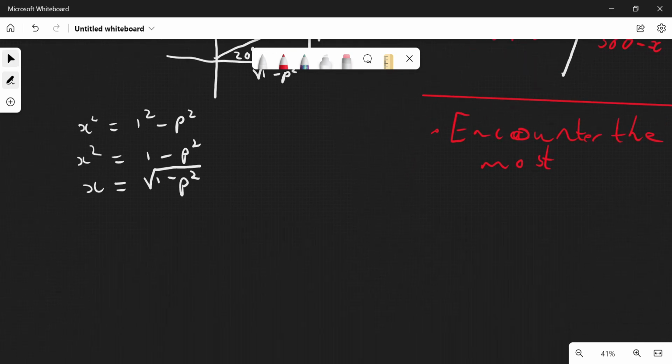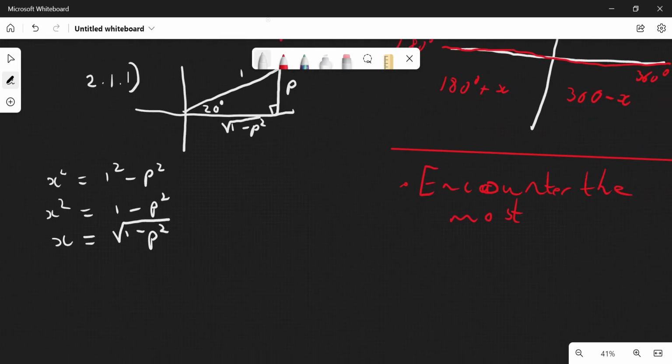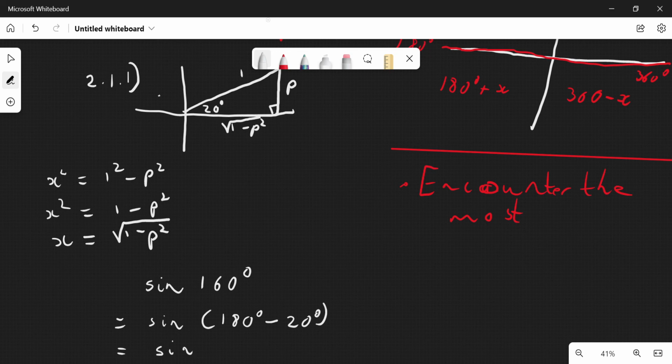All right, if this is the case, 2.1.1 wants us to find sine of 160 degrees. Okay, so how do we find this? I don't really know what sine 160 is, so let's try and reduce it. 160 is in the second quadrant, right? So I can do this: sine of 180 degrees minus 20 degrees, and that gives me sine 20.